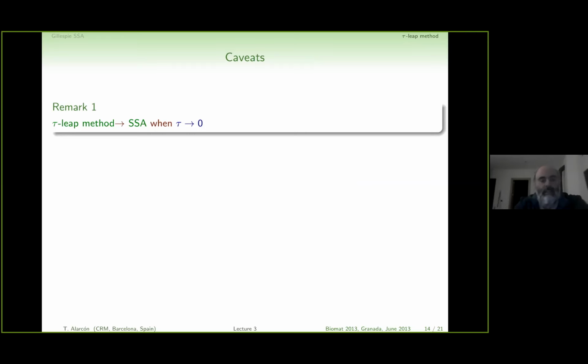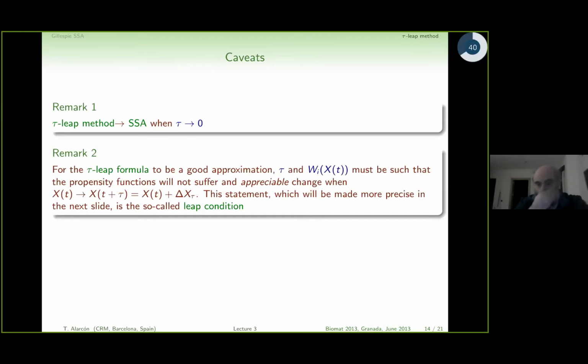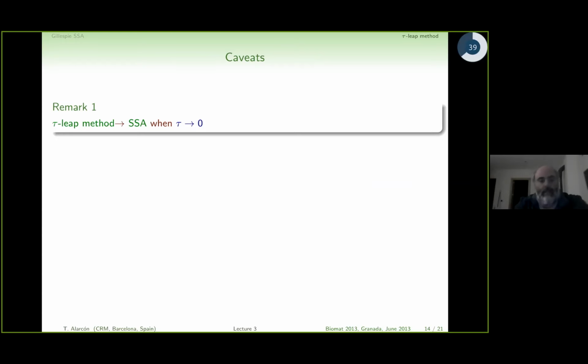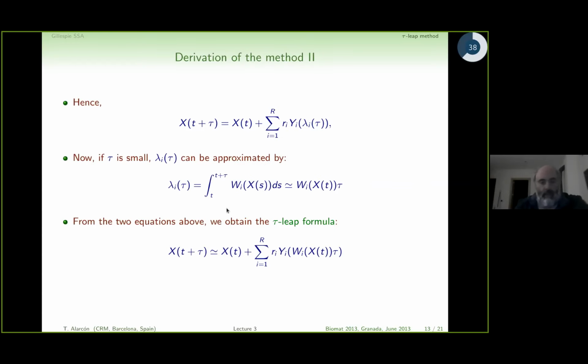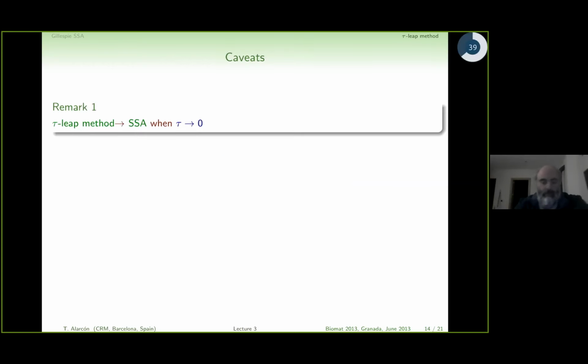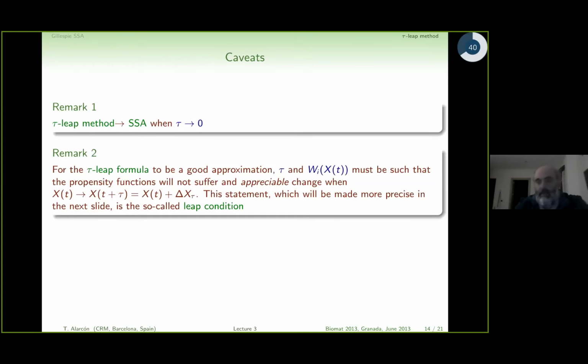The first thing is that the tau-leap method converges to the Gillespie SSA algorithm if you choose a tau that is very small. So if you choose a tau that is very small, then you're probably not gaining very much by doing this.